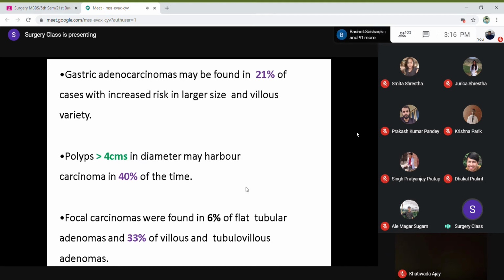If the polyp is more than 4 centimeters in diameter, it harbors carcinoma in about 40% of the cases. So it is more dangerous to have an adenomatous polyp of more than 4 centimeters rather than multiple hyperplastic polyps seen in familial adenomatous polyposis syndrome.